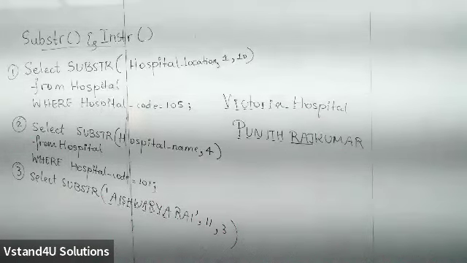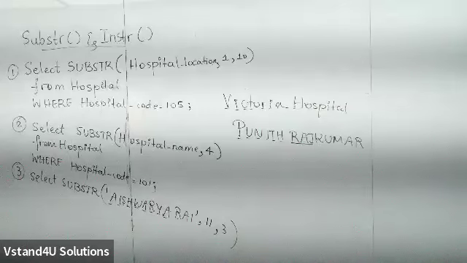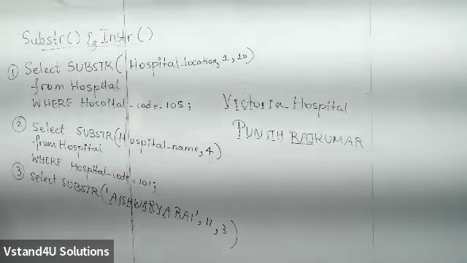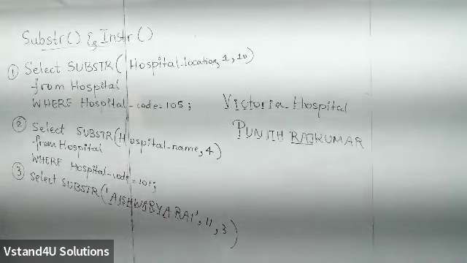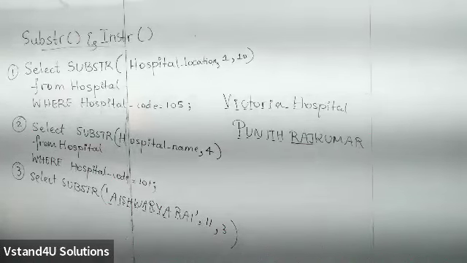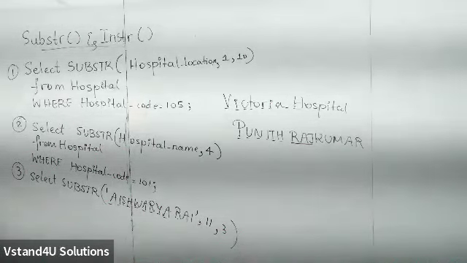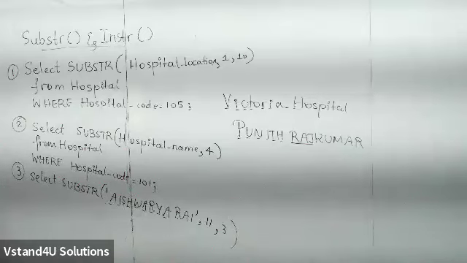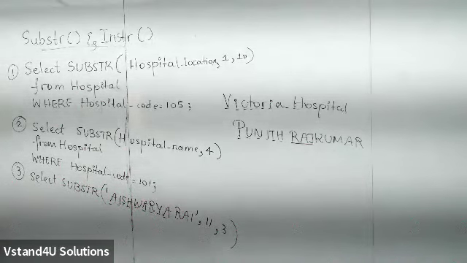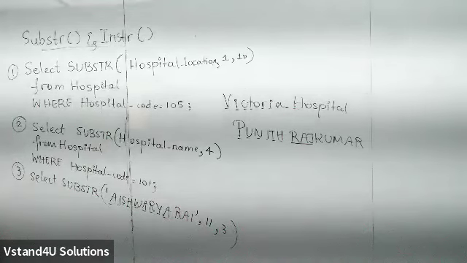Take down the next question. Write a query to find the position of the character B. Obviously, people would have mentioned Bangalore, no?